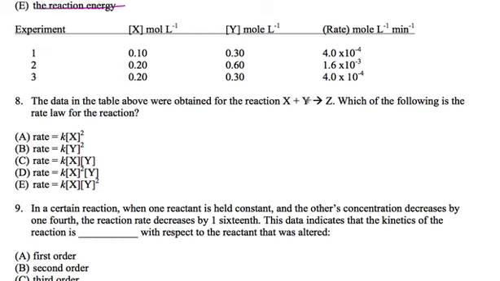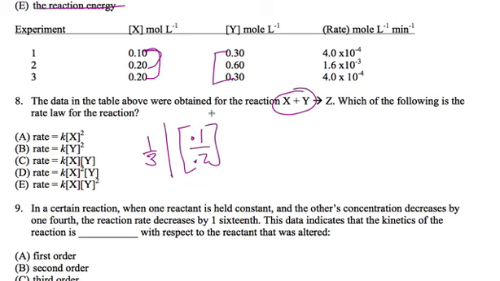All right, here we have an experiment. The data in the table above were obtained for x plus y goes to z. Which of the following is a rate law equation? For x, we have to find a place where x changes and y is held constant. That's going to be experiments 1 and 3. So x goes from 0.1 to 0.2, and y goes from 4.0 to 4.0.